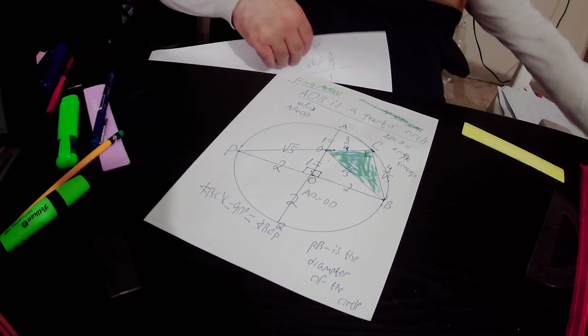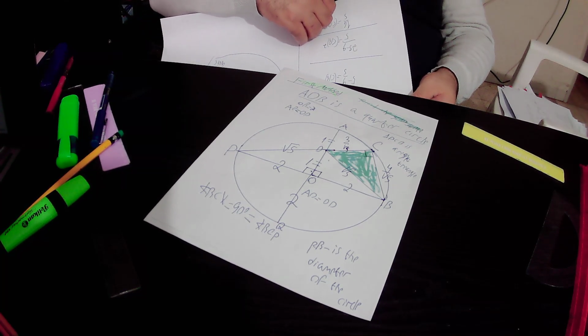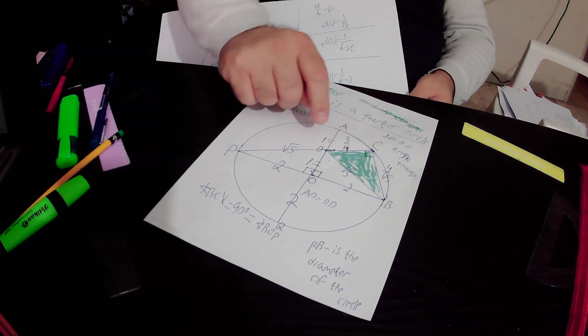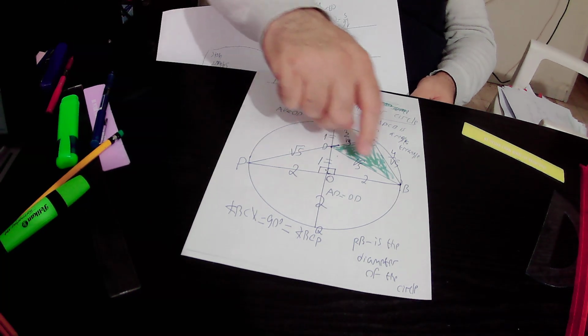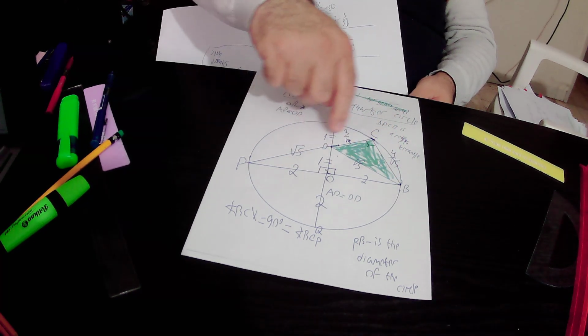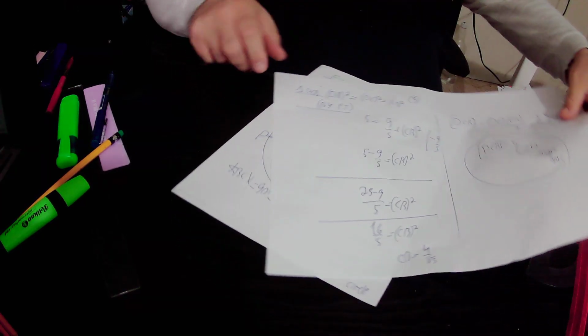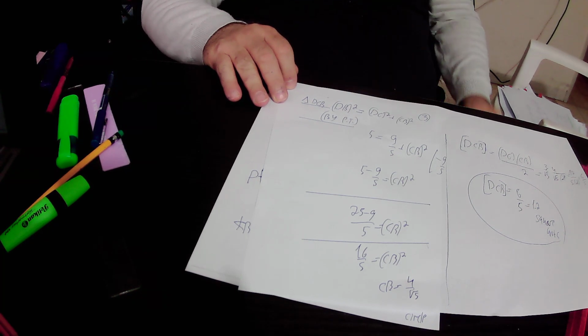Then we implemented the Pythagoras theorem on the right triangle DCB. Here, DB square equals DC square plus CB square.